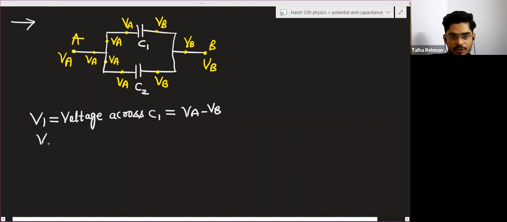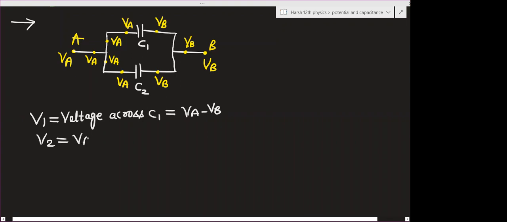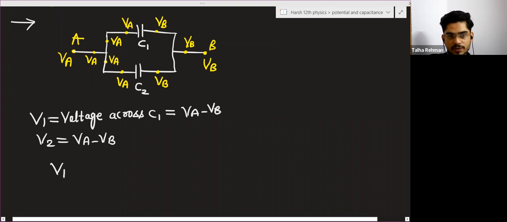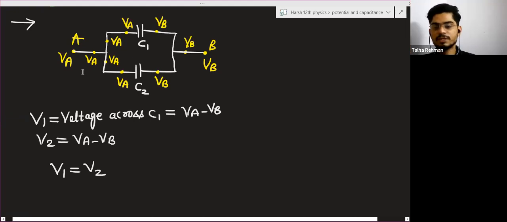Similarly, if I want to calculate V2, it is again VA minus VB. So see here, voltage V1 is equal to voltage V2. That's why we say this type of combination is a parallel combination.